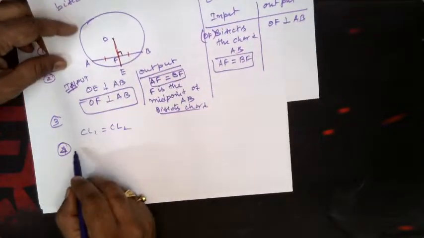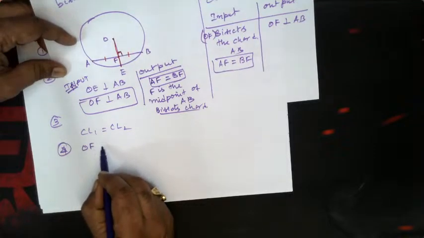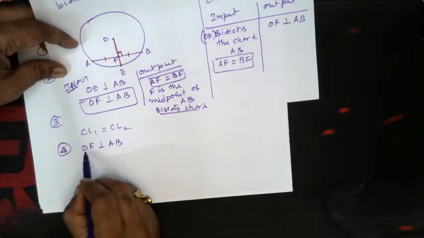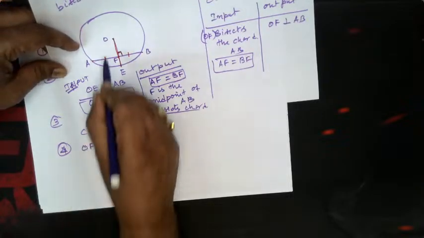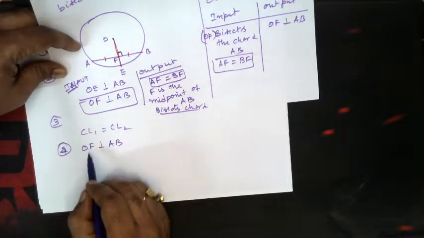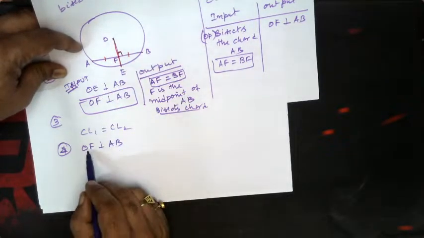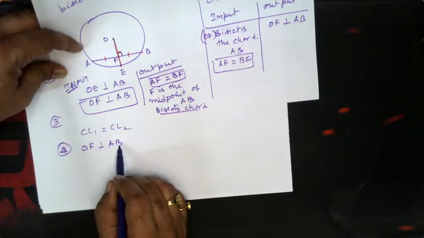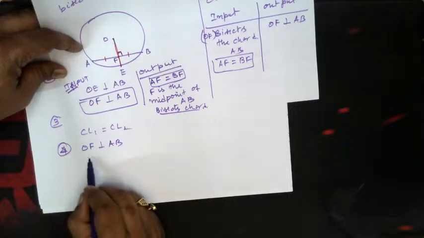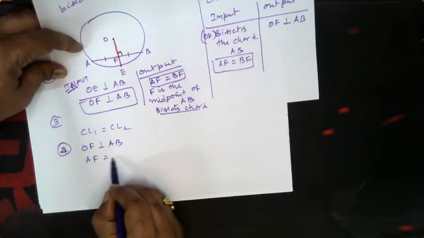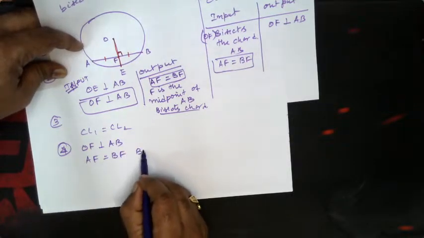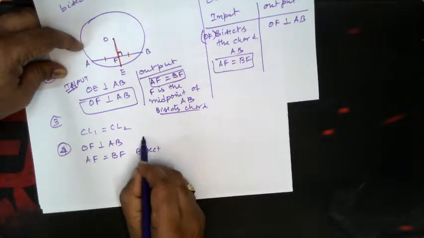Here OF is perpendicular to AB. What is this OF? That is the central line, a line segment drawn from the center. So OF perpendicular to AB means it bisects: AF is equal to BF. You have to remember this, bisect and perpendicular.